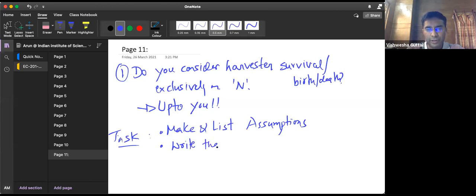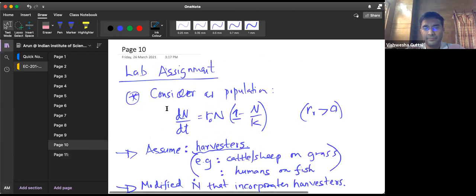You do not need to solve the model. I just want you to write the model. Okay. But I do want one condition to be satisfied. In the limit of no harvesters, I want to get back this equation. Is that fine? That's your starting point, no? In the absence of harvesting, you go back to this.